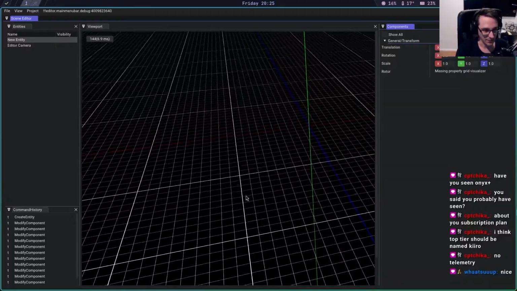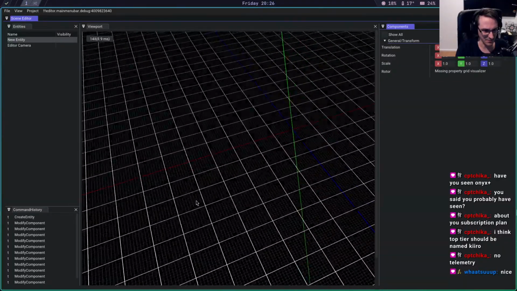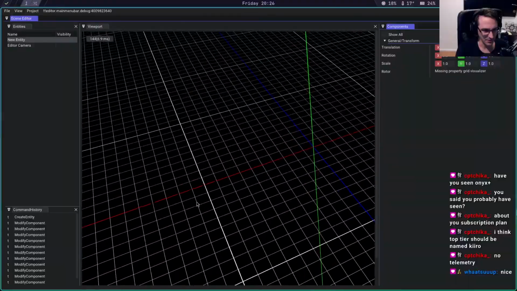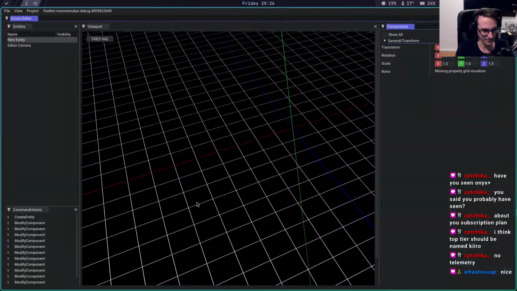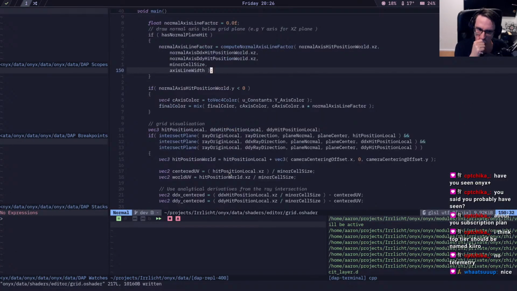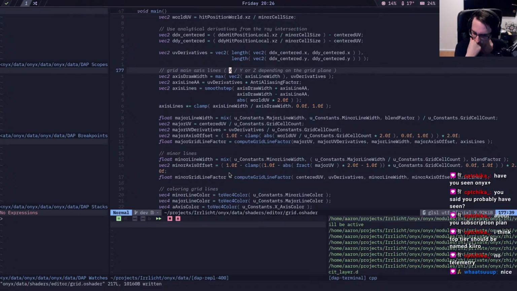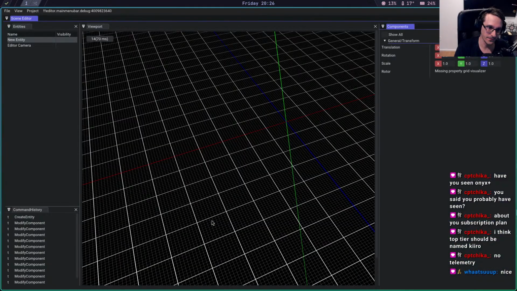Okay, so what I want to address now is this big step here where one pops in to the other. What could we do about that? I guess with just two grid layers, there's not really a lot we can do, I think, because we can always at most only draw two.